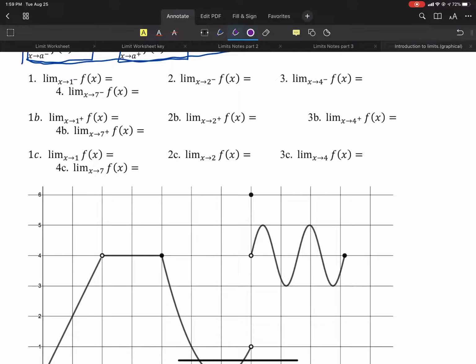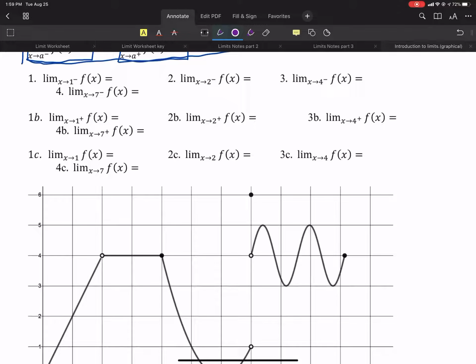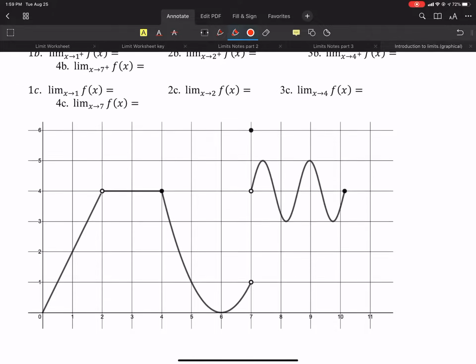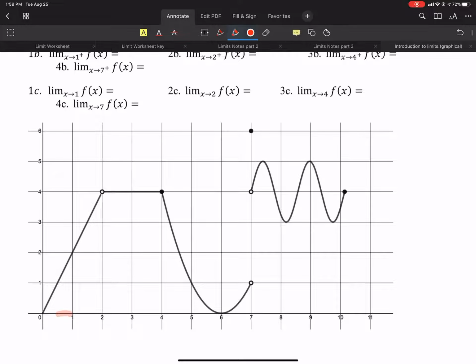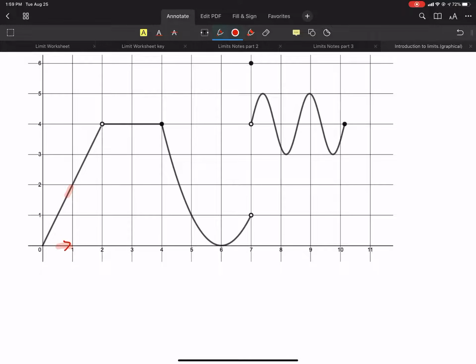1A, let's do it in, I guess purple is going to be our color. Nah, I want to do red. I like red. So I'm approaching 1 from the left. What does that look like? That's this side here. So as I approach 1 from the left, the idea is an x value approaches, but you want to know what the y value is doing.